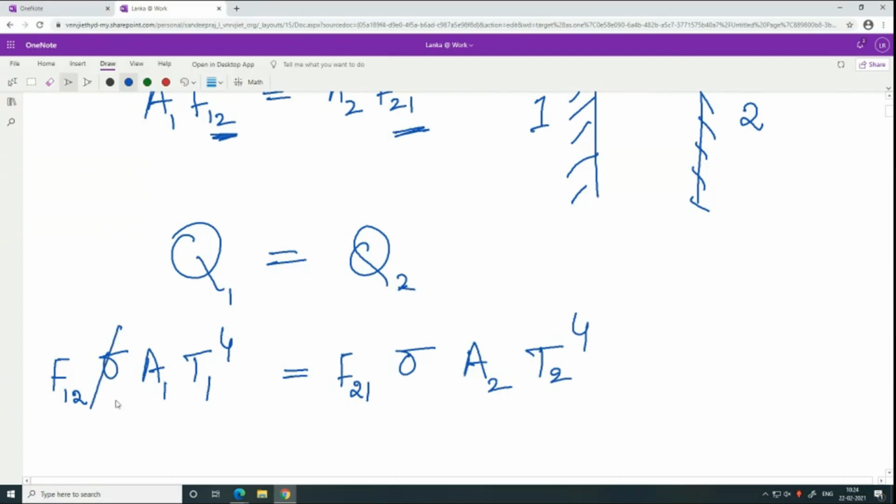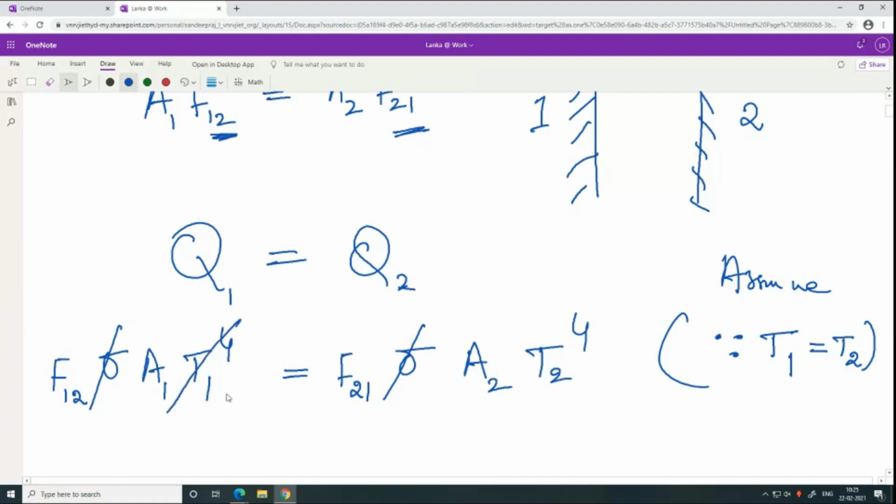Now I can cancel out the constant, that is sigma. Then if I assume T1 is equal to T2, I can cancel out T1 to the power 4 and T2 to the power 4 also.